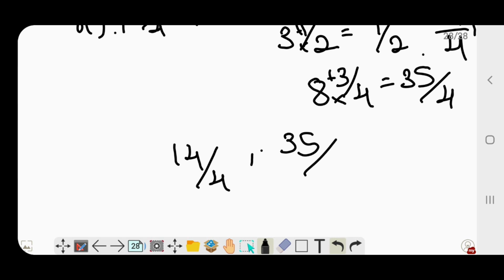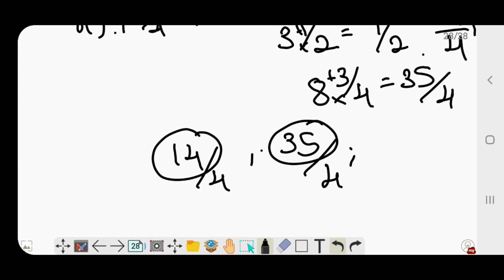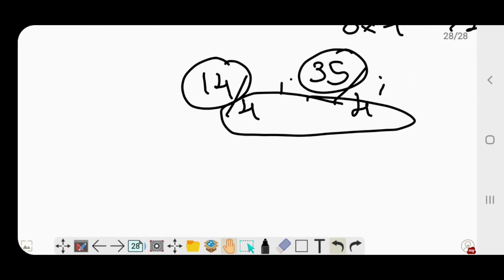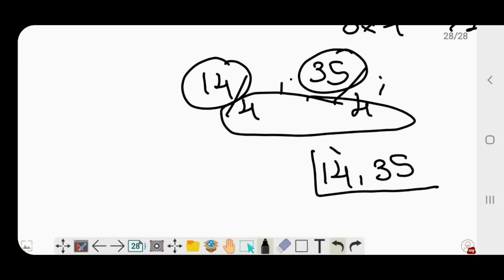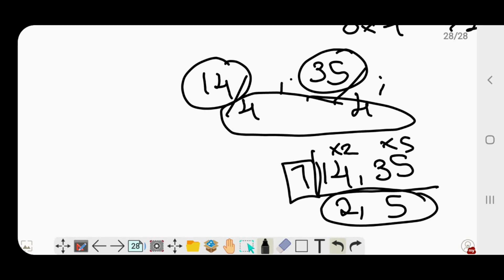Now what I would do is take the highest common factor of 14 and 35 and simply divide it by 4. So let's solve it. 14 comma 35. 7 is a common factor. 7 into 2 is 14 and 7 into 5 is 35. So we get here 2 comma 5. We don't have any common factors, so 7 is the highest common factor.